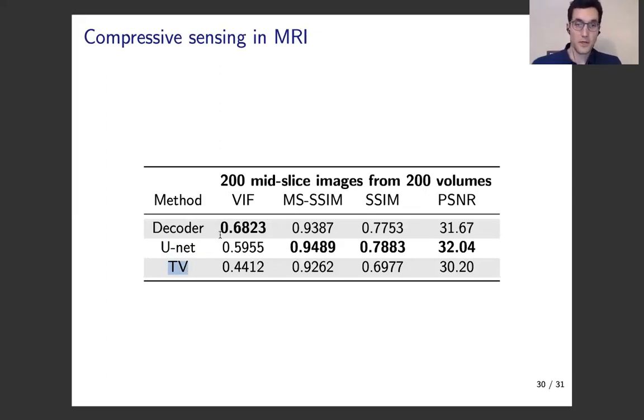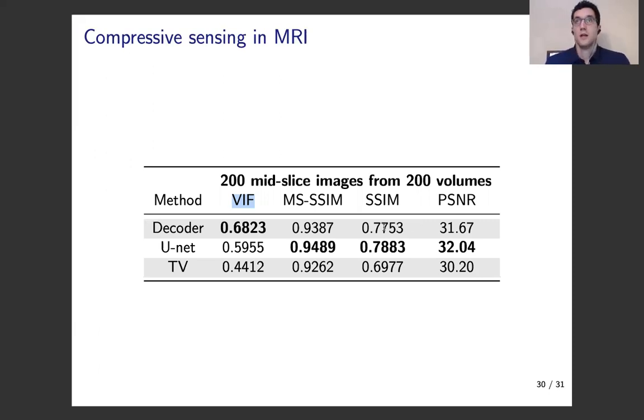And the metric that is most relevant is this VIF score, because that's what pathologists care about most. And in this score, it even performs slightly better than the UNet. And in the other scores, like structural similarity metric, PSNR, it performs very similar to UNet-based recovery.